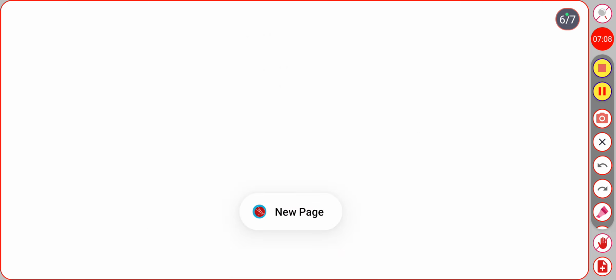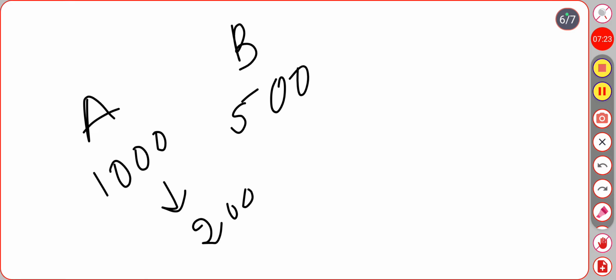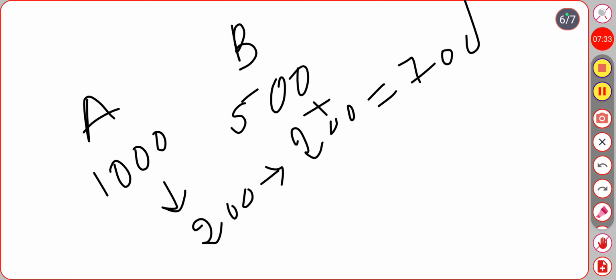If person A's income is 1000 and person B's income is 500, suppose 200 rupees are transferred to person B, then B's income will be 700 and person A's income will be 800.